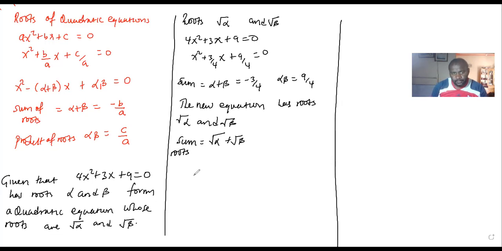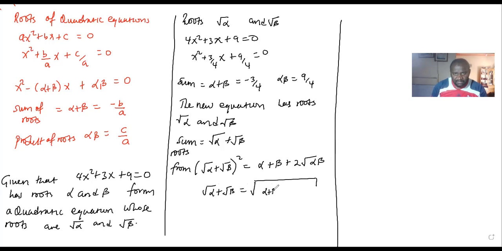If you go and check from square root of alpha plus square root of beta, when you square them, you realize alpha plus beta plus 2 root of alpha beta. When you get the square root of this, you can get root of alpha plus root of beta as the square root of alpha plus beta plus 2 root of alpha beta.